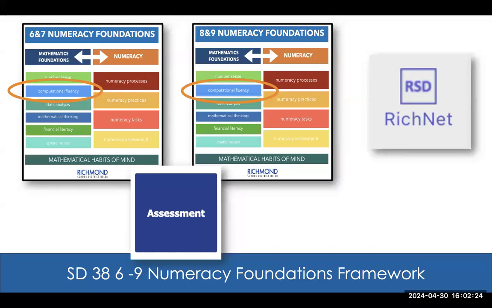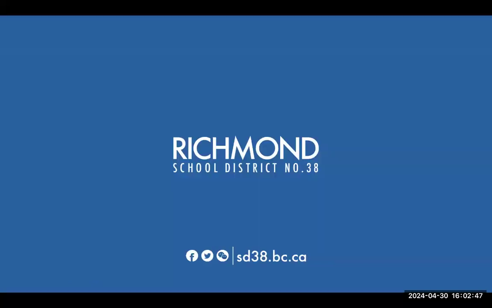There is an assessment tile at the bottom where you will find helpful tools for what you might assess for computational fluency in grade 6 to 7. And then also an assessment tool guide that will support you with looking at computational fluency over the year. Thank you.